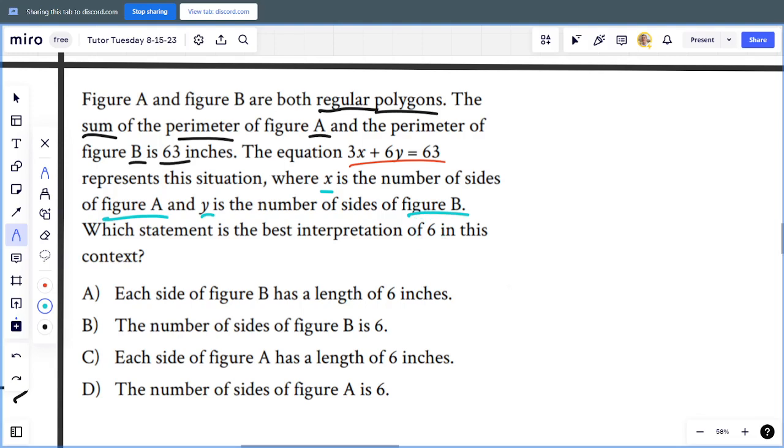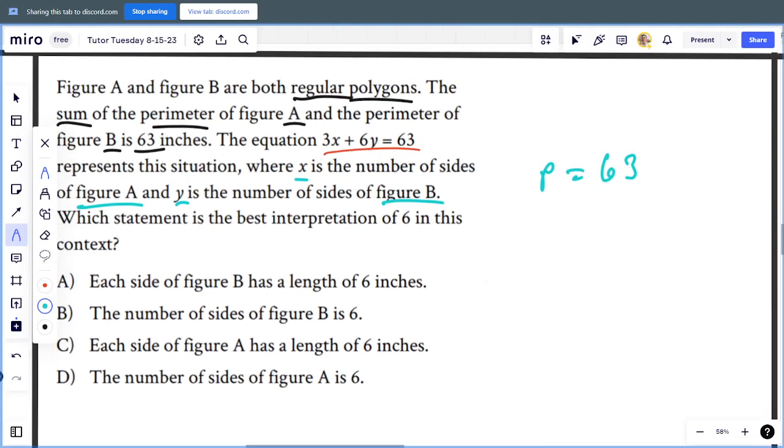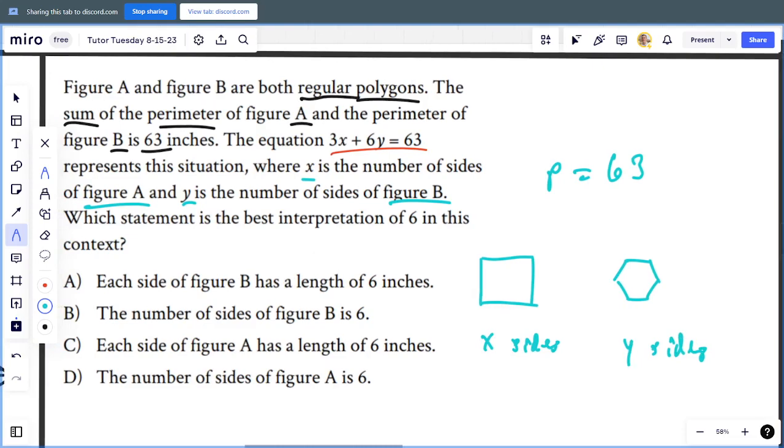Okay, so we know that the perimeter is 63. And if I draw this out, maybe it makes it a little bit clearer. Let's just draw a regular polygon that has x sides, could be anything, and another regular polygon that has y sides. 3x means, well, if we have x number of sides, 3 times x would mean every side length is a length of 3.